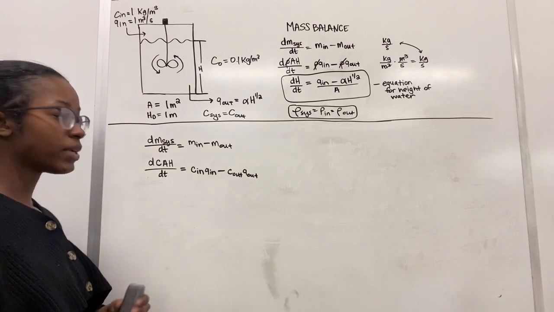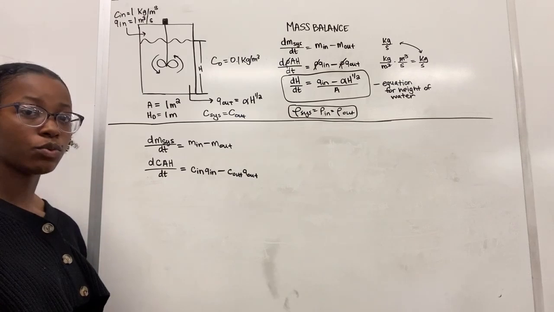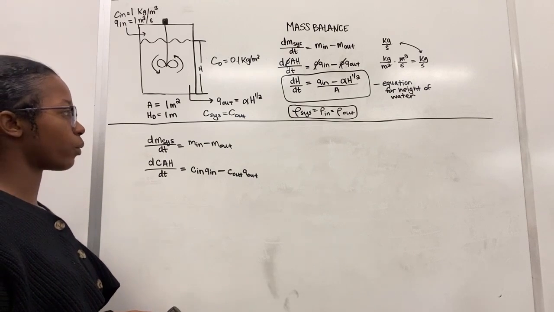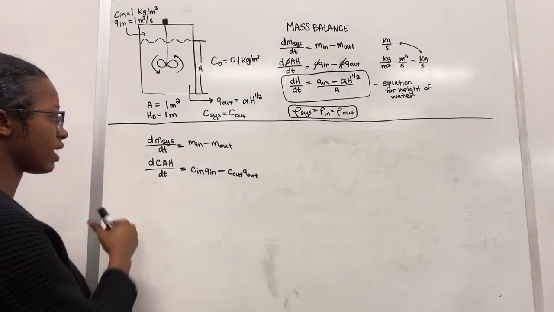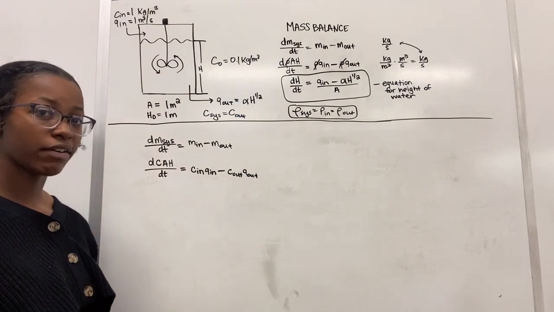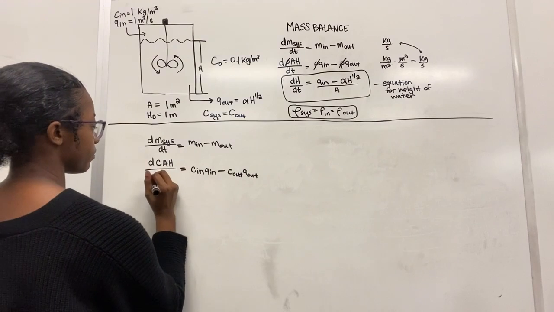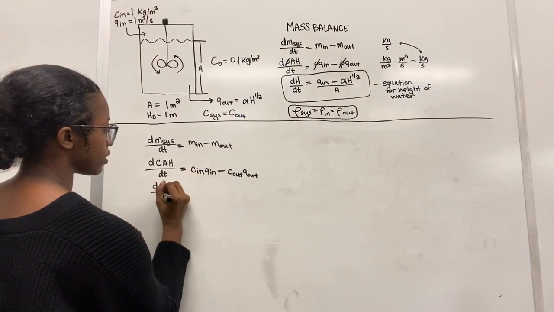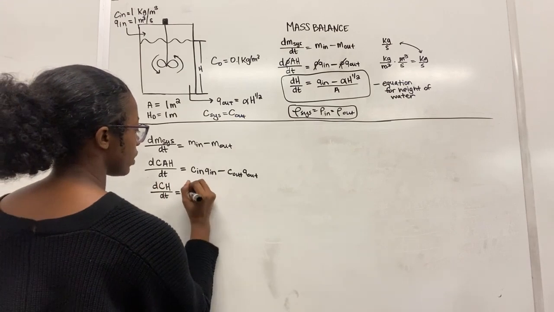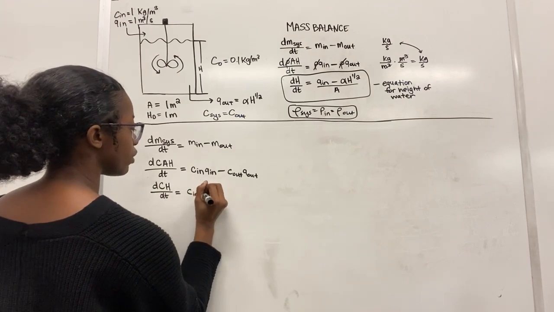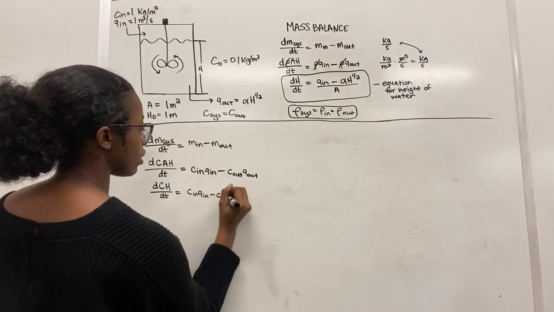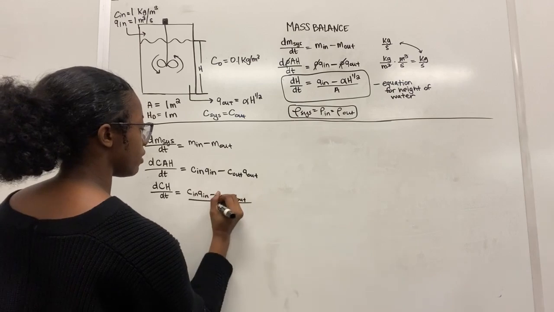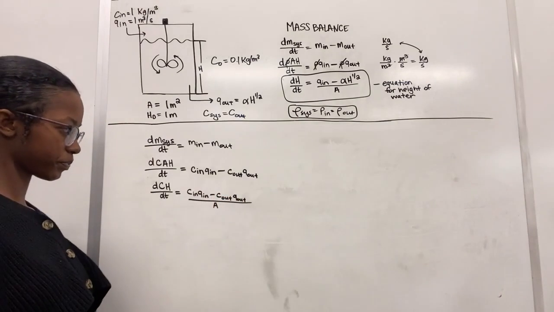And so from here, we can do the same thing that we did with our mass and energy balances. We can take the cross-sectional area out and divide it through both sides, so that we're left with the change in concentration times the height with respect to time is equal to the concentration coming in times the flow rate coming in minus the concentration going out times the flow rate going out, divided by the cross-sectional area.